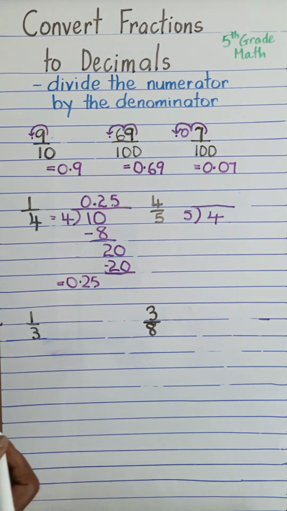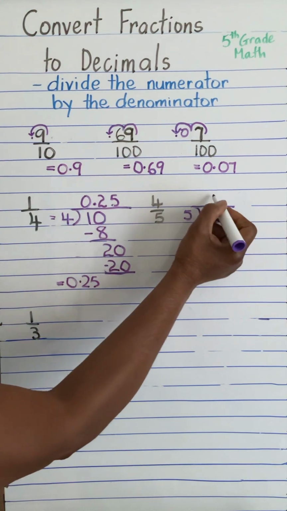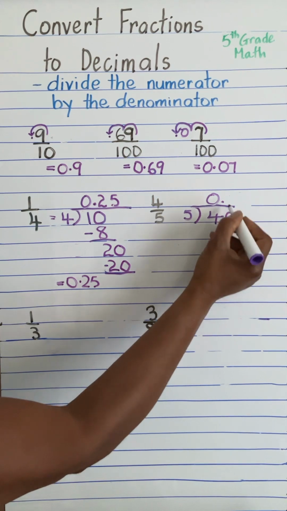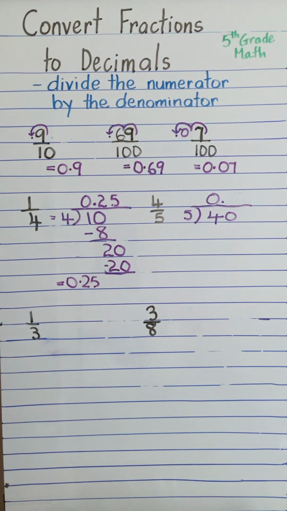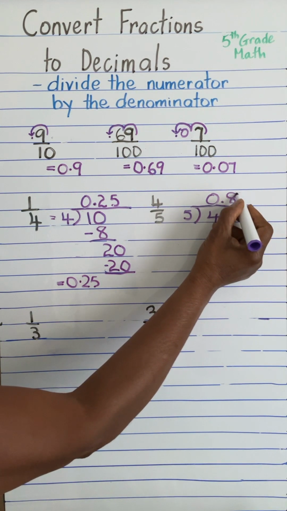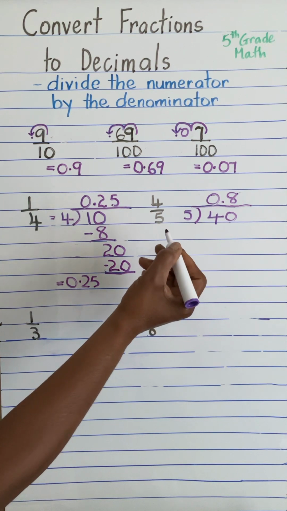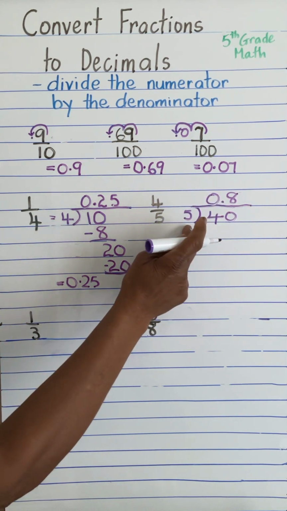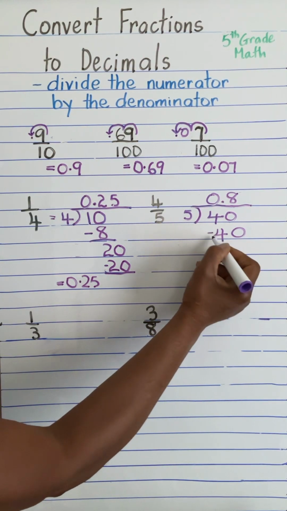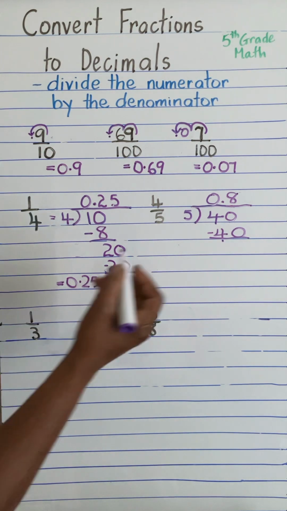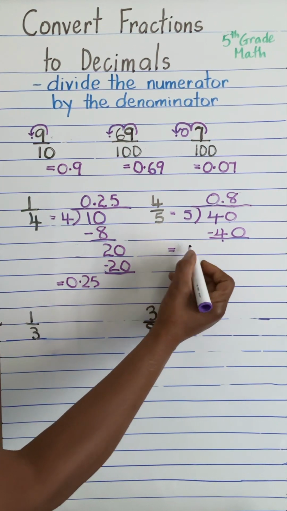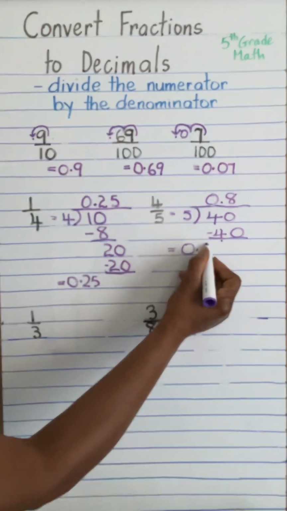How many times can 5 go into 4? It's no times, and we put a point and add a 0. How many times can 5 go into 40? That is 8 times. 8 times 5, 40. Subtract. So 4/5 is equal to 0.8.